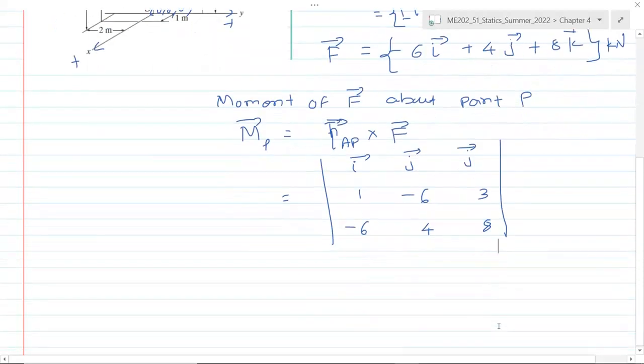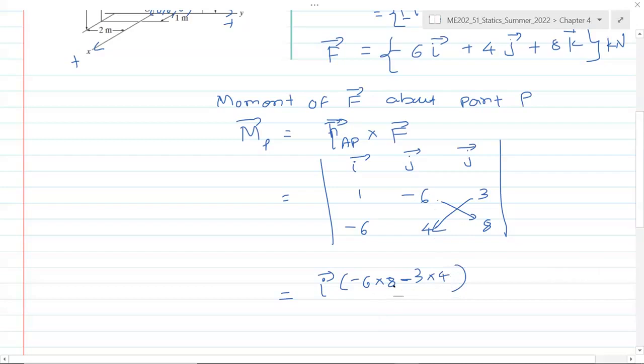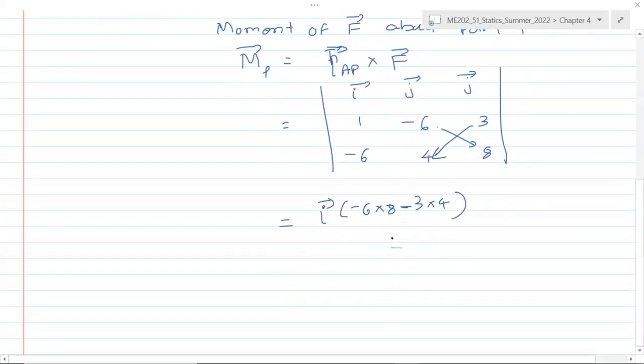Okay, and when you apply the matrix determinant solution, for the first part it's i, and now it's the product of -6 multiplied by 8, then a negative sign, and then this multiplication 3 times 4. The middle part is minus j.